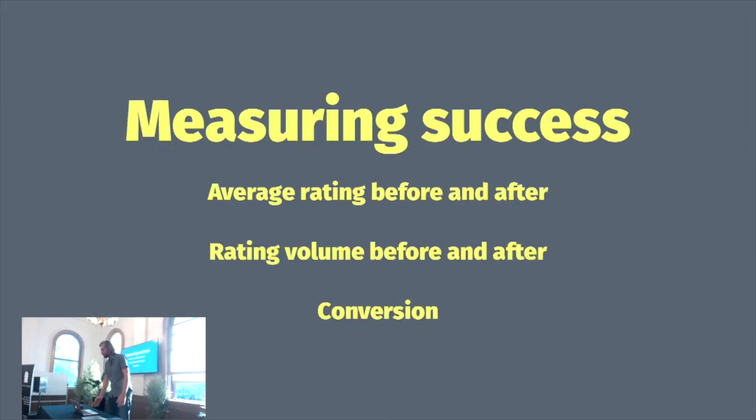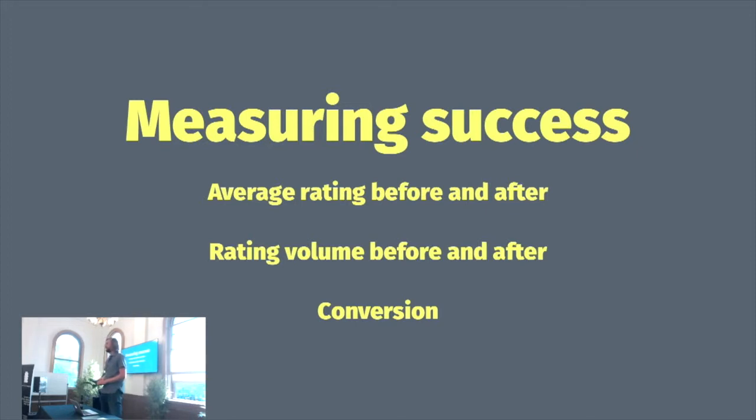So how do we measure success? How do we know that what we've implemented is actually delivering results? A couple of obvious ones: we look at the average rating our app now gets on the App Store and compare that to what it previously was, and we hope that it's better. We might also be interested in the volume of ratings.